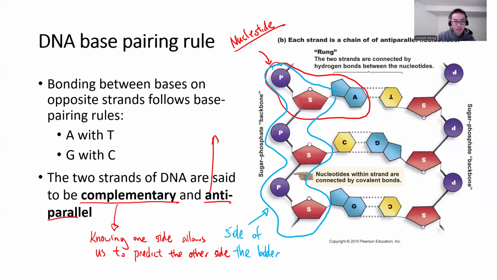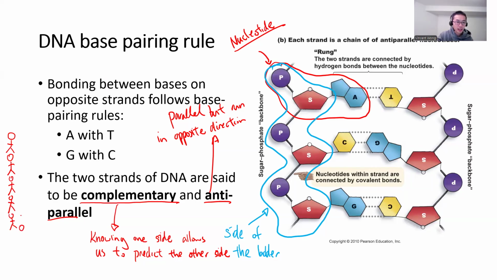Here, I should write it down. The two strands are parallel, but run in opposite direction, like northbound, southbound of the highway. Okay. If that doesn't make sense to you, here's another way to think about it. If you think about people lying on the floor, head to toe like this.